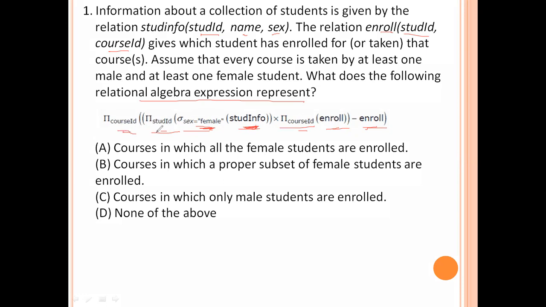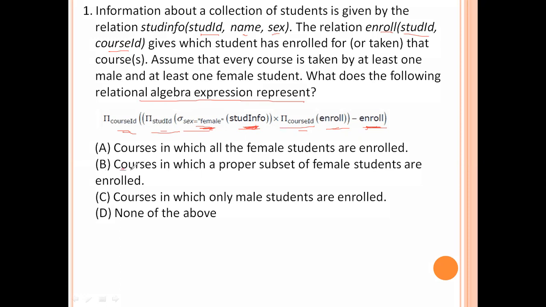Then the query does a Cartesian product of the above two selected columns from different tables. Finally, it subtracts the enroll table from the result of the above step.